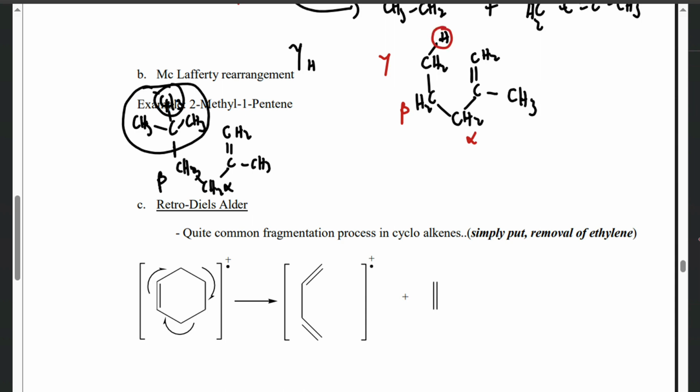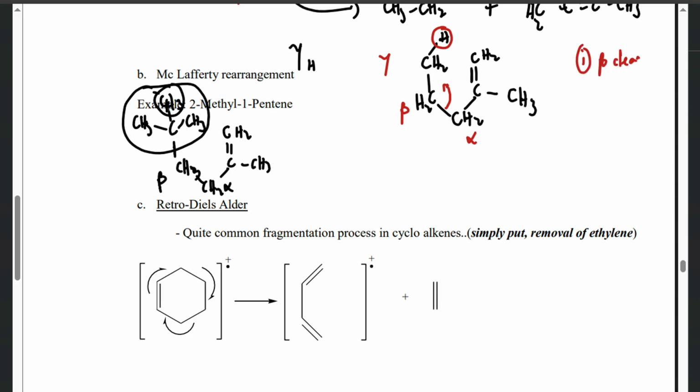So now, what do you need to note in McLafferty rearrangement? First of all, we are building on the fragmentation pattern in alkenes, right? And the most common fragmentation pattern in alkenes is the beta cleavage. So the first thing is that this bond breaks, right? So when this bond breaks, three things are occurring in McLafferty. The first one is the beta cleavage.